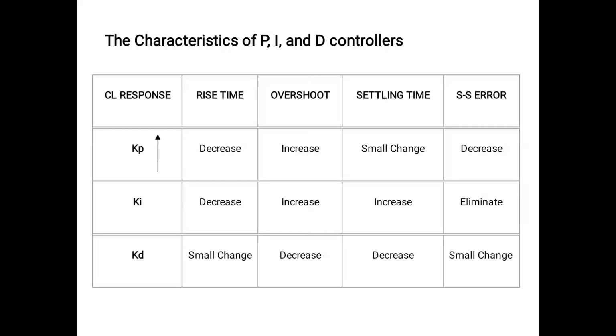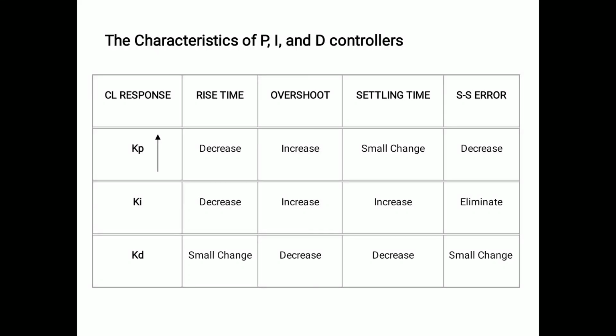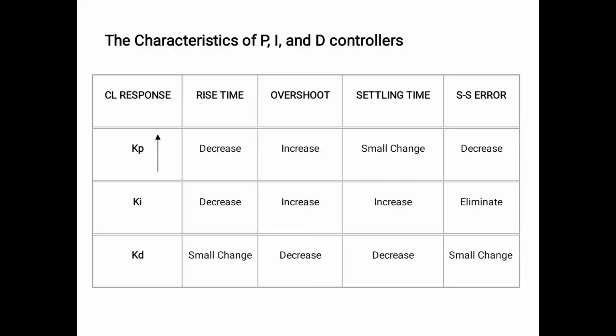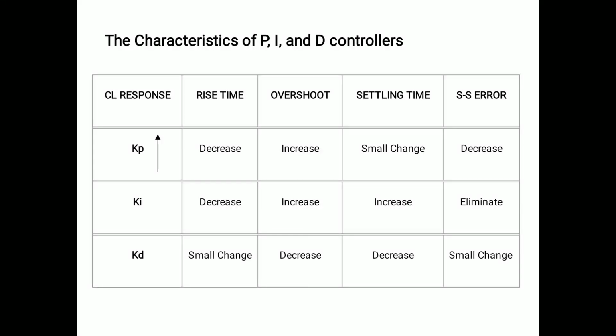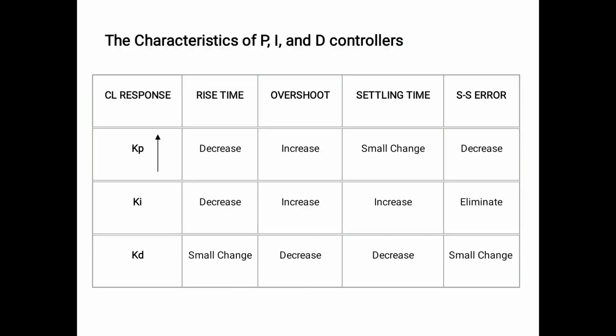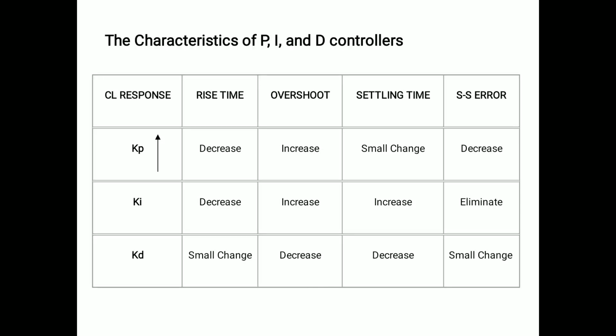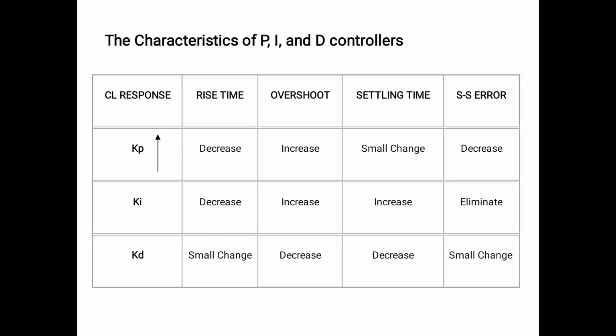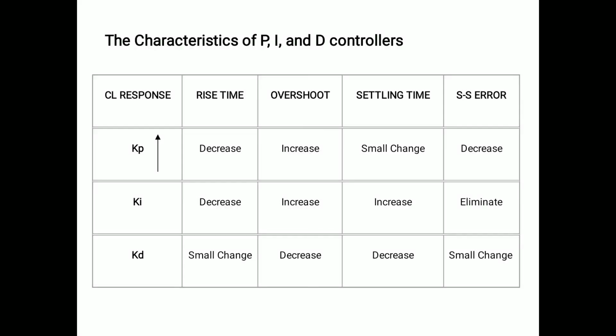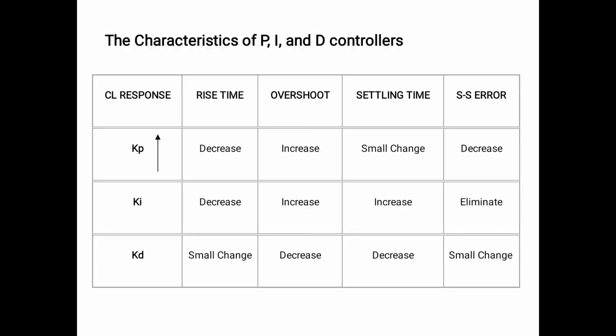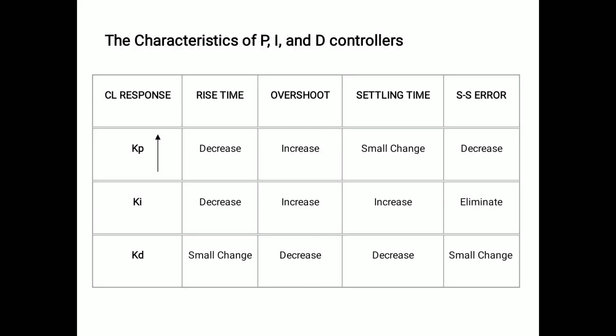The KP, KI and KD are the three terms related to the PID controllers. KP represents the P controller, proportional control. KI represents the integral control. KD represents the derivative control. In the proportional control, the rise time will be decreased, overshoot will be increased, there is a small change in the settling time, and the steady state error will be decreased.